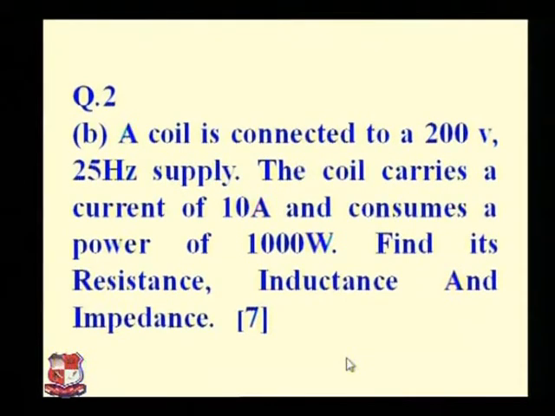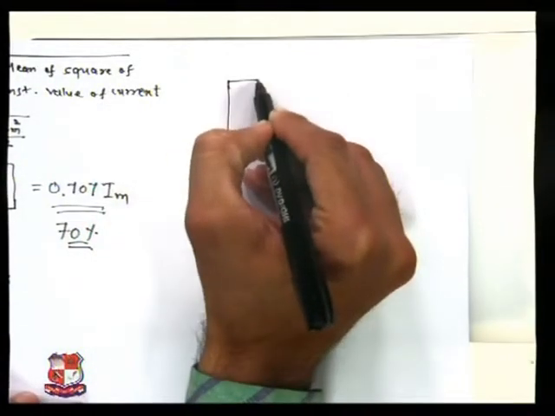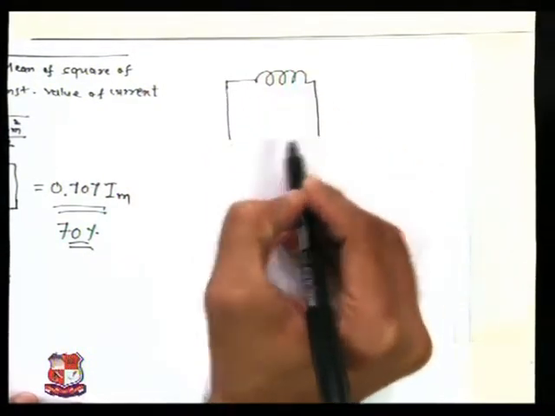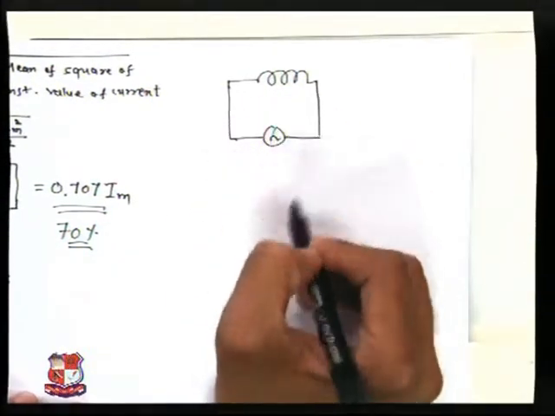Okay, next question. A coil is connected to 200 volt and 50 hertz supply. The coil carries a current of 10 ampere and consumes a power of 1000 watt. Find its resistance, inductance and impedance. So let's draw one figure and understand all its values. Projector please. Here one coil is connected with supply.